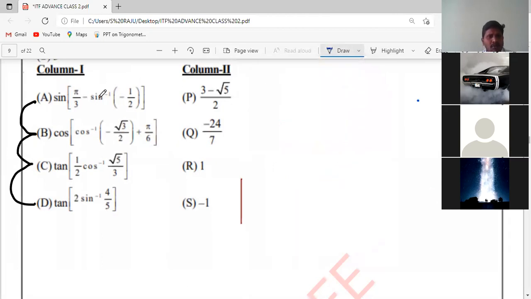Right. So what about the first one? A is mapping to what? You can match column 1 and column 2. For sine of 5 by 3 minus sine inverse of minus x, what is sine inverse of minus x? It is minus sine inverse x, so minus into minus is plus. It can be sine inverse of 1 by 2.